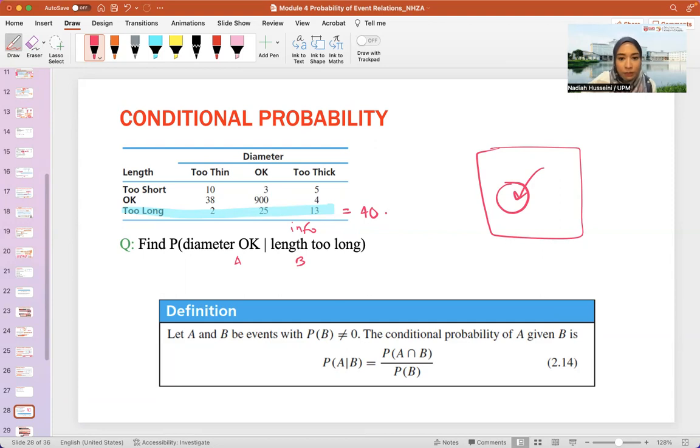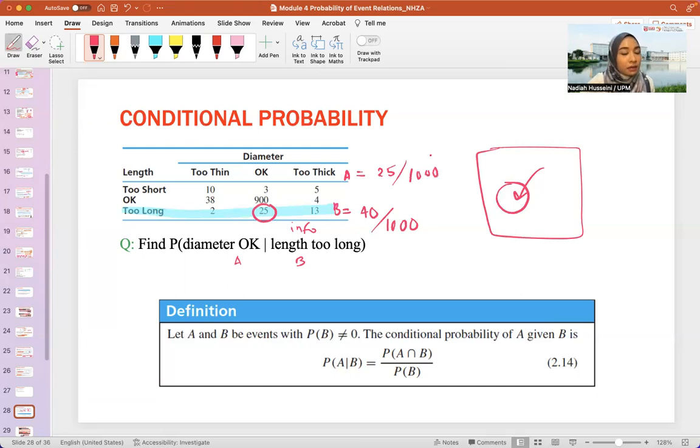So the probability of B is 40 over 1000, and probability of A intersect with B. A is diameter okay and length too long. So it's just this guy over here. Here, I would say this is B and this is A. So probability of A intersect with B is just 25 over 1000.